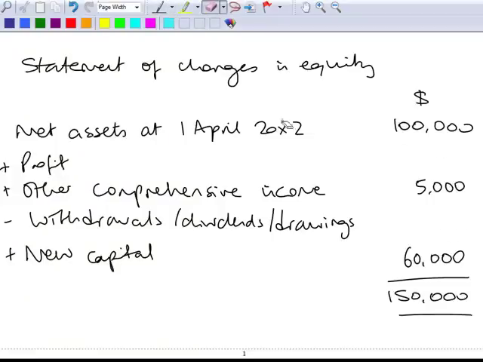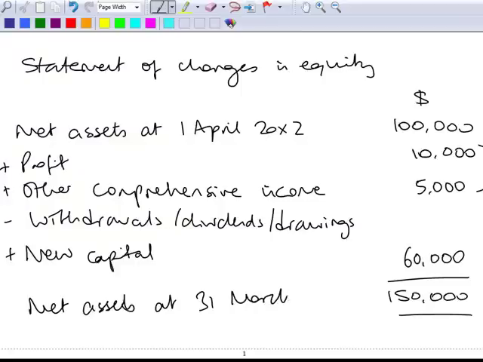The thing to do is very much start off with the pro forma and then just see which figures are missing. It could quite easily be, just to make up the same example here, that they might say the profit or total comprehensive income was 15,000. Okay, so profit of 10 plus other comprehensive income of 5, capital introduced of 60, and net assets at the end of the period, I should have written this in here, net assets at 31 March 20x3.